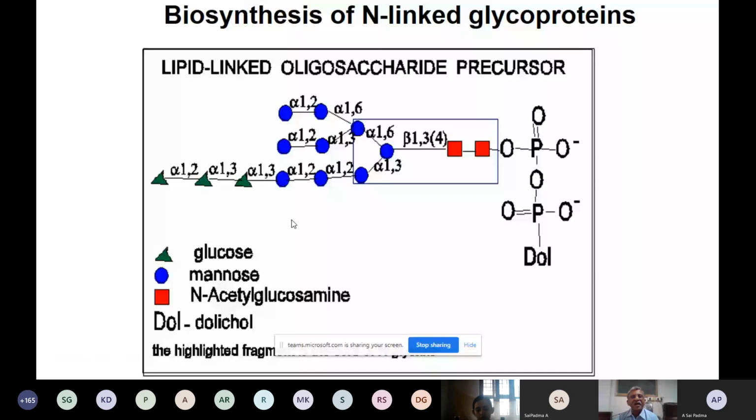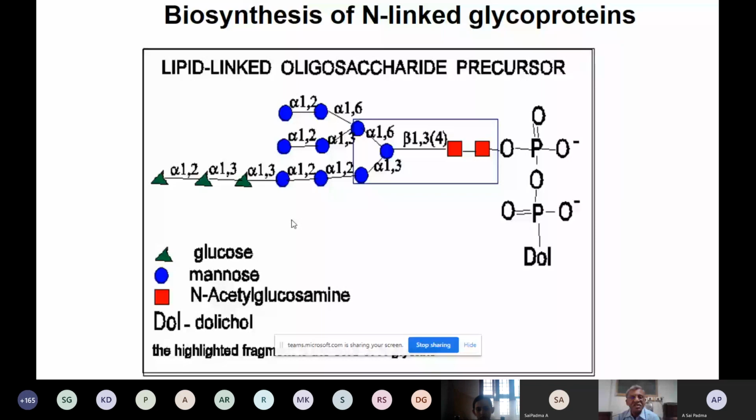A core oligosaccharide is synthesized that is linked to the dolichol phosphate, and this core oligosaccharide consists of 2 N-acetyl glucosamine residues, 9 mannose residues, and 3 glucose residues.